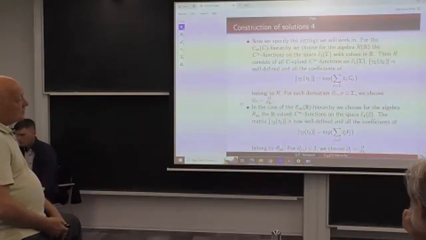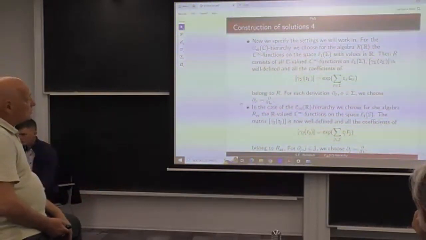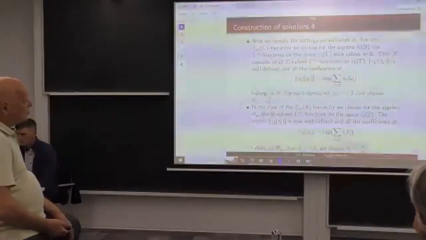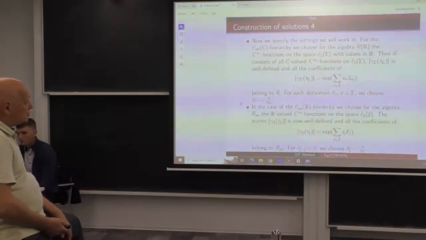The matrix gamma sigma of T sigma is now well defined, and the coefficients of this matrix belong to R. For the derivation, we choose the partial derivative with respect to T sigma.